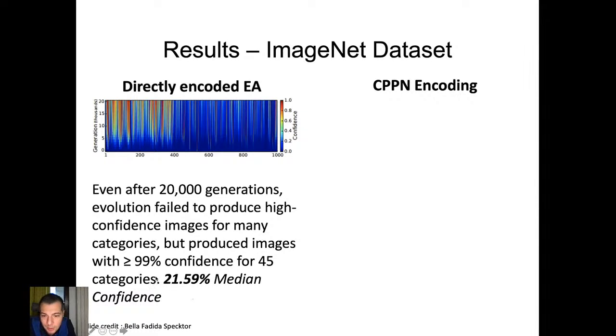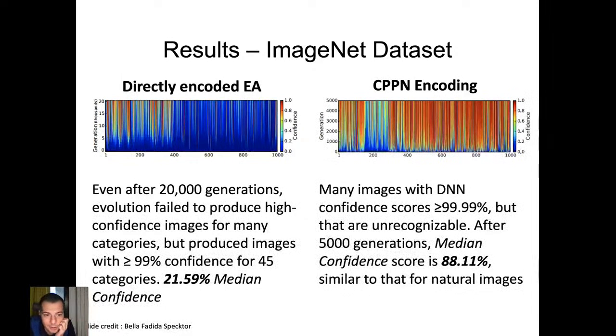And here they say that they were able to produce images with confidence higher than 99% only for 45 categories. The median confidence is around 21%. So it seems that ImageNet, or AlexNet, is more robust to this variation.